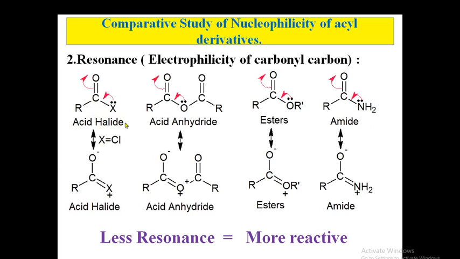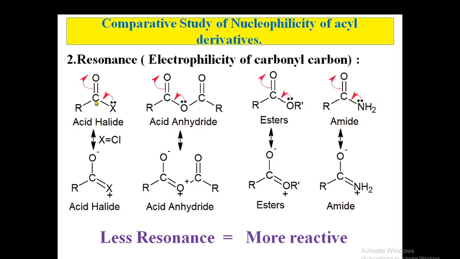In the case of acid halides, if we show this resonance, the orbitals that take part in this particular delocalization have different energies. If you are taking the halogen, the electron pair is present in a 3p orbital, and in the case of carbon the 2p orbital is used for delocalization.